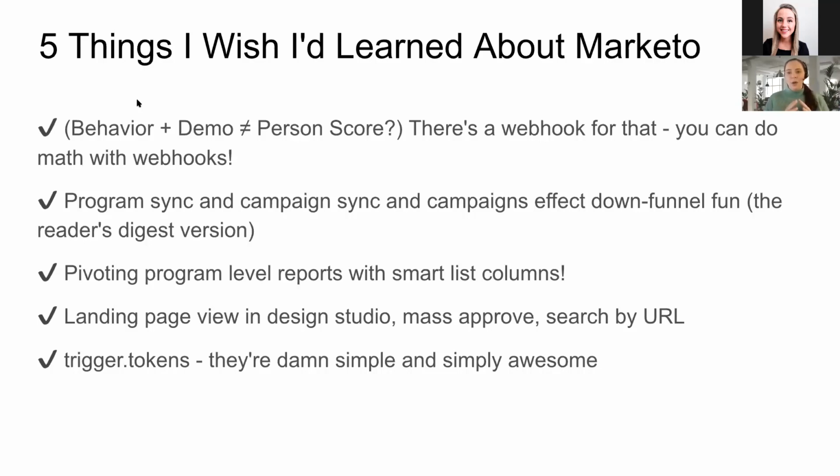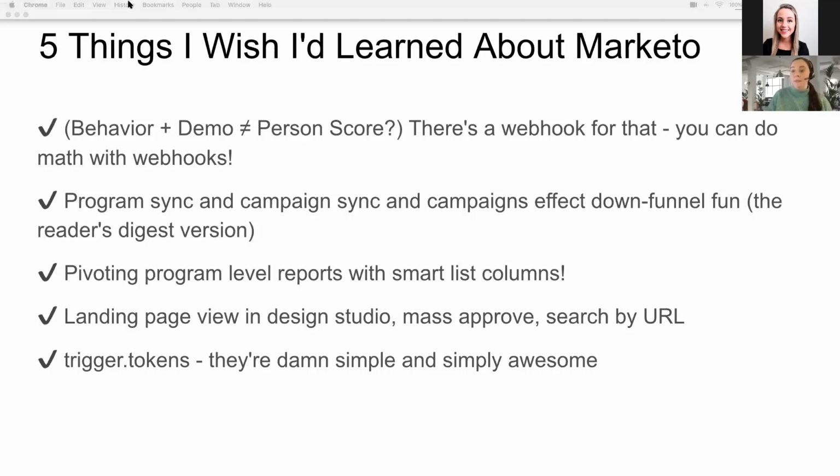And it can be really frustrating to have that not work the way that you want it to. So we're going to talk about this. This is essentially using a webhook to do Excel math inside of Marketo.